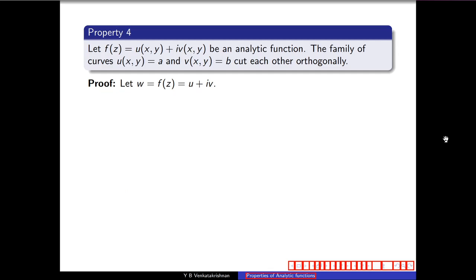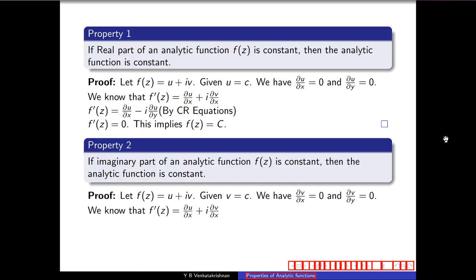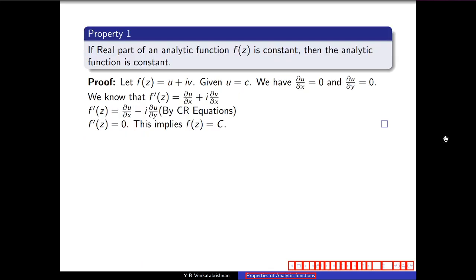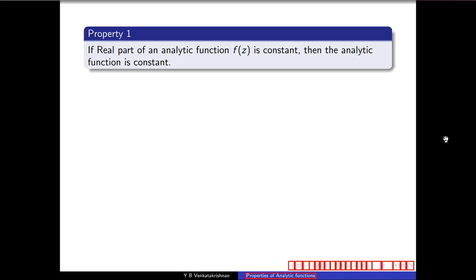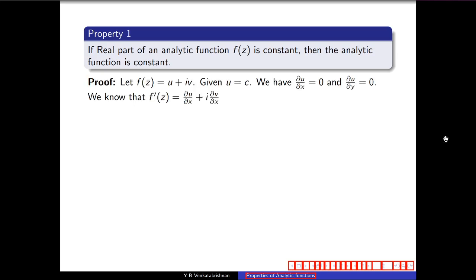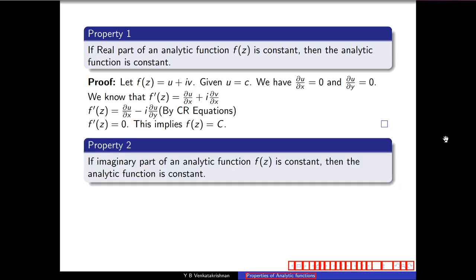Namely, if the real part of an analytic function is constant, then the entire function is constant. The second property is if the imaginary part is constant, then the entire analytic function is also constant.